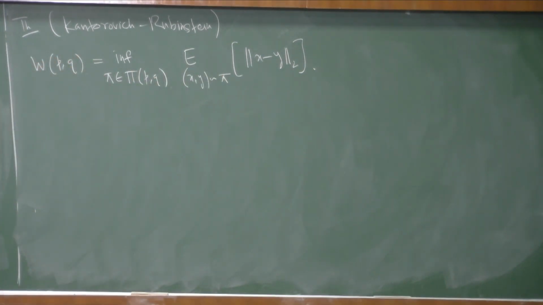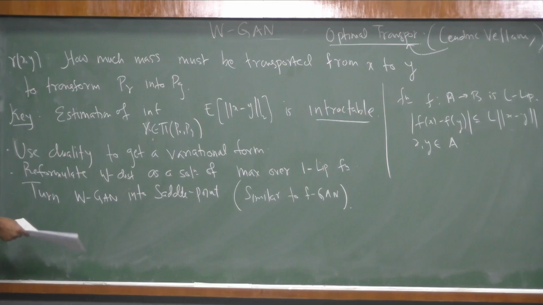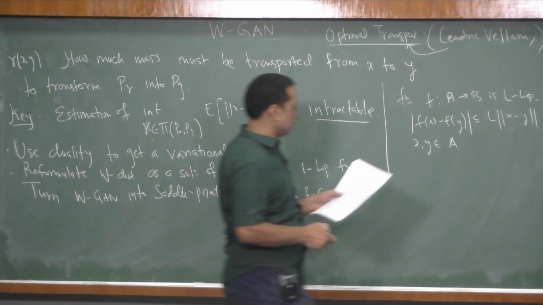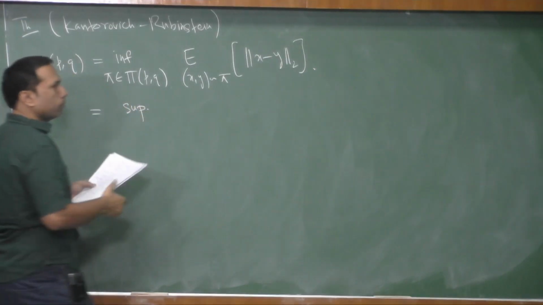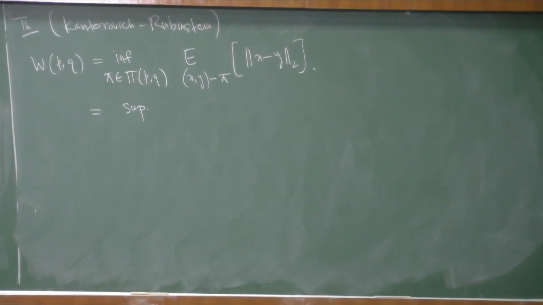So this is our Wasserstein distance that we just introduced, and what this theorem says is that you can convert this into what I said, a max over one-Lipschitz functions. This is equal to the max or supremum. We use max when the max is achievable, but even the max may not be achievable, while the supremum may exist. There is a difference between max and supremum. It is safe to say supremum because that always exists.